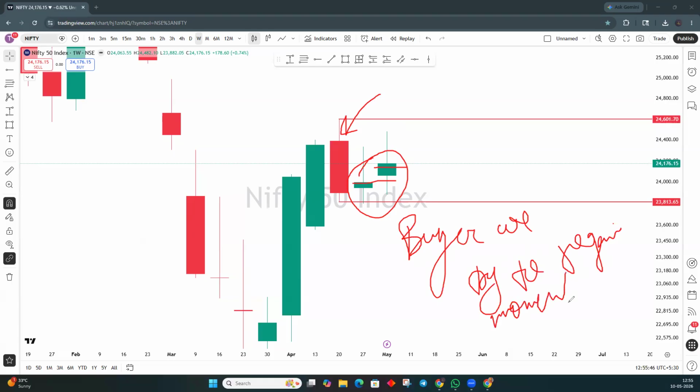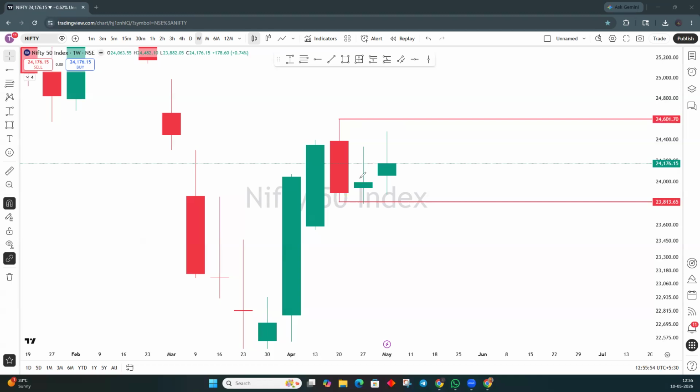Means the buyers are trying to push the market up, although the selling pressure is higher from upper levels. If you compare this upper wick and the lower side wick, you will see here the upper wicks are longer as compared to the shorter lower wicks.